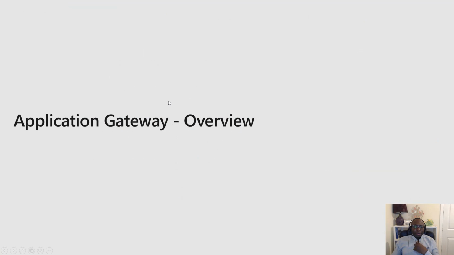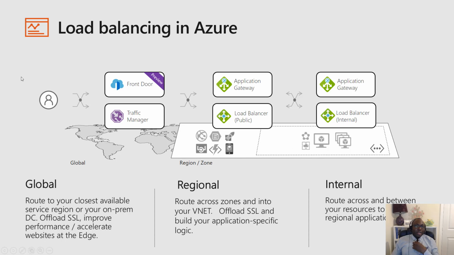Let's start by looking at a quick overview of this Azure Application Gateway service. The Azure Application Gateway is considered to be a type of load balancer in Azure. In Azure, there are different network load balancing services available, and they have different purposes, different limitations, different aspects in which you can align them to.